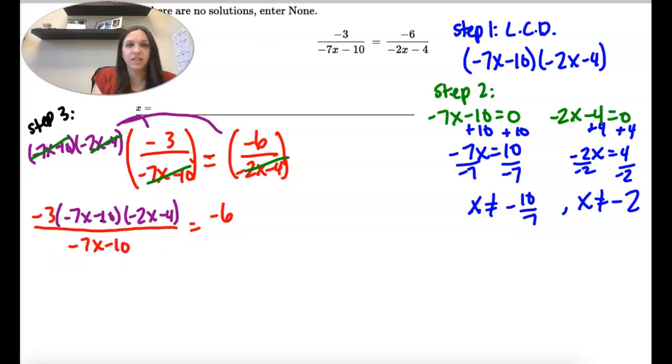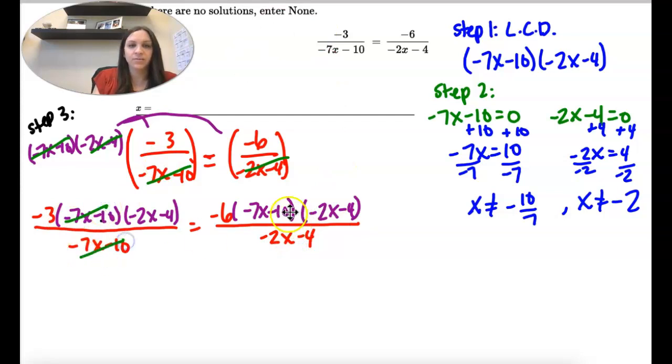And I have the negative 6, and then I have both of these factors. So when we multiply, these do cancel out, but we do have these other factors left over. So I still have negative 3 times negative 2x minus 4. And I have negative 6 times negative 7x minus 10.